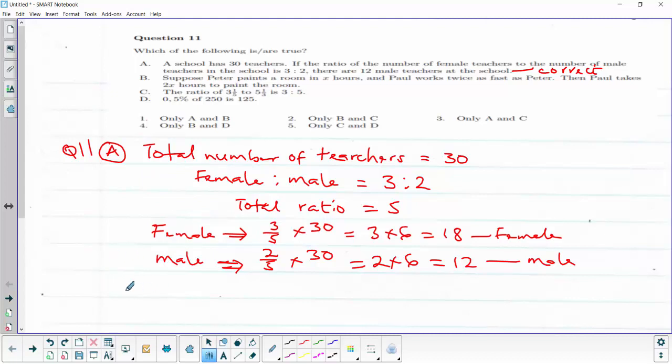So let us consider B. Suppose we have the question on the screen. Peter will be x hours, we don't know, as given from the question. And Paul will be x/2 hours from the statement.